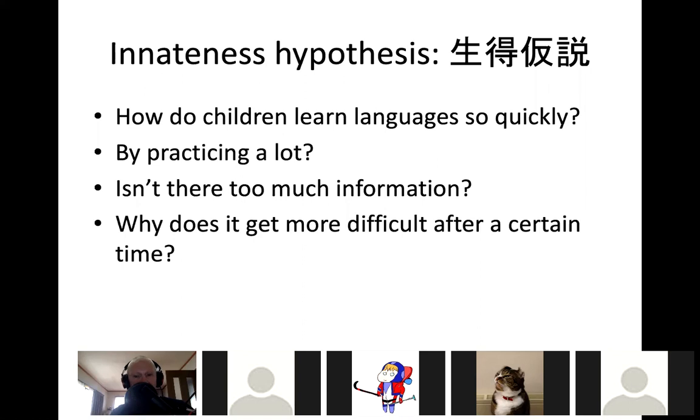And why does it get more difficult after a certain time? Right? So in other words, if you live in an English-speaking country, when you're a little kid, about 3 or 4, you pick up the language very easily, very quickly. But if you go to that country when you're about 18 or 19, maybe then it's going to be kind of more difficult.